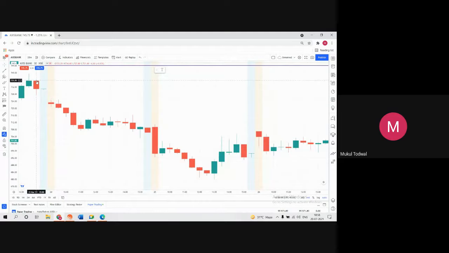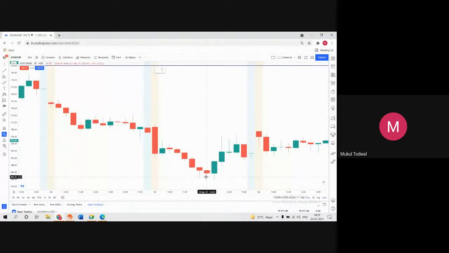I hope you all can see that the stock is going down. It's falling down and making lower highs and lower lows. So this is a perfect example of a downtrend.